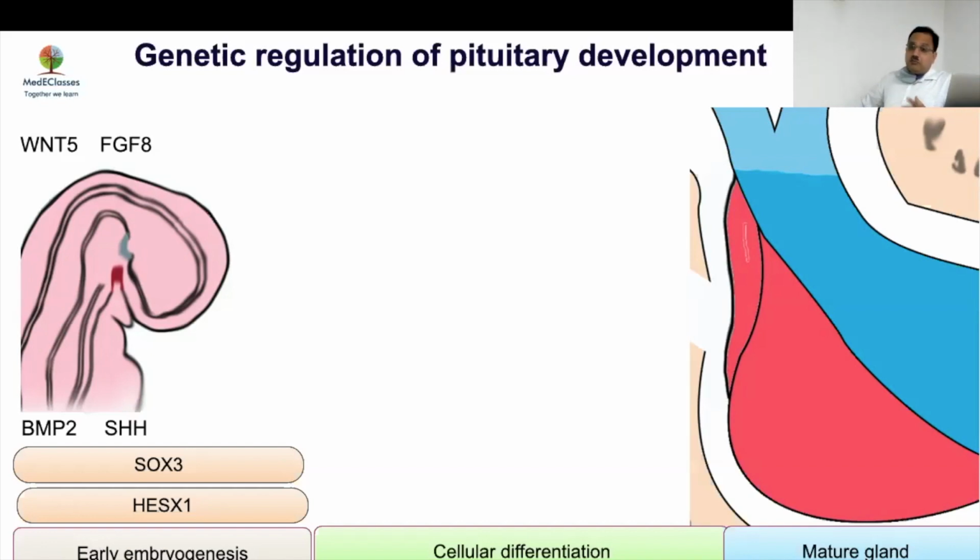There are experiments which have been able to develop an in vitro pituitary. They use these SOX2 cells and give them some differentiating factors and they will develop into pituitary. So SOX2, not SOX3, is responsible for giving a stem cell characteristic in that regard.